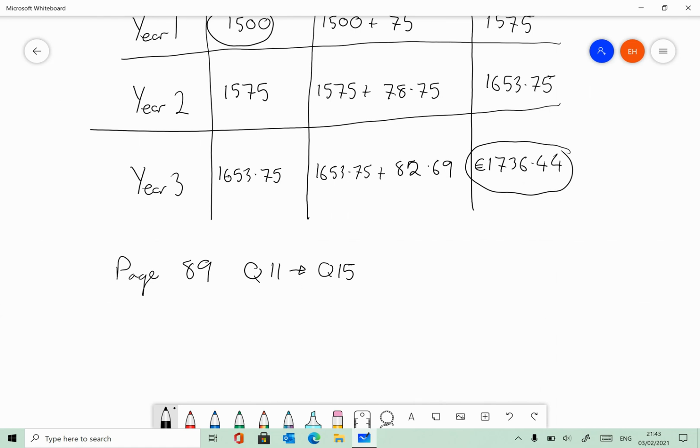So have a go at those questions, check your answers at the back of the book, and remember that it goes up by the interest. So if it says 2%, you need to find 2% of the money you put in and add it on, and that's what you end that year with. And whatever you end that year with, that's what you start the next year with.